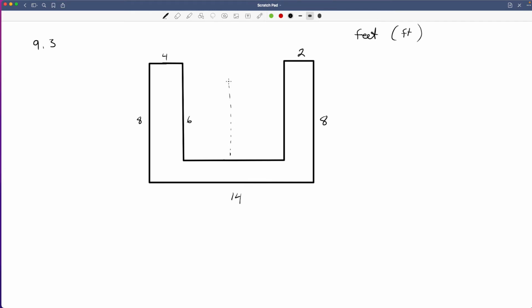And because this line brought up here and added to these two lines is going to be the same as the bottom line, we know that it's going to be 14 minus 4 minus 2. So that is going to be 14 minus 6, which would be 8. So the length of this line is 8.